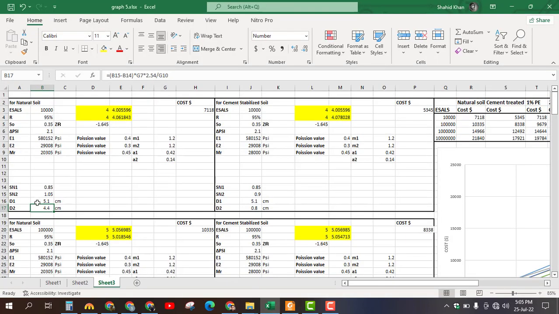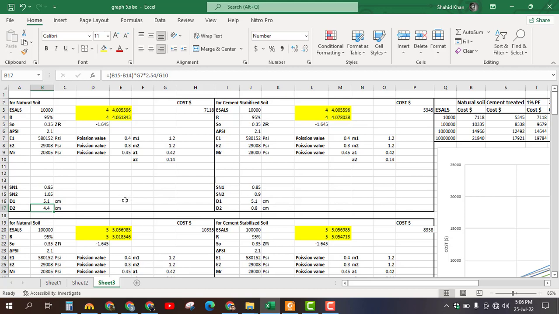In the Excel sheet, this is SN2, this minus this, multiplied by G7, which is the M1 value, multiplied by 2.54 and then divided by 0.14, the A2 value. We got 4.4 centimeter for D2.